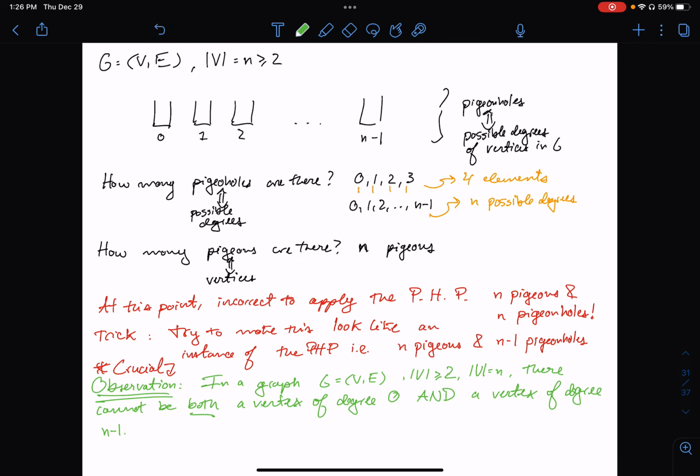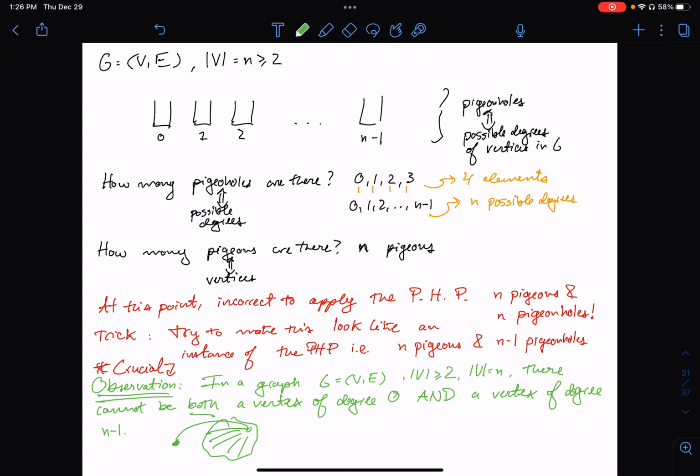And so what is this observation saying? It's saying, essentially, if I have a vertex of degree 0, I cannot have a vertex of degree n minus 1. Why? Because if I have a vertex of degree 0, that means that the vertex of degree 0 is not connected to the rest of the graph, right? And so there can't be a vertex of degree n minus 1, because that would mean that it would be connected to all the other vertices.